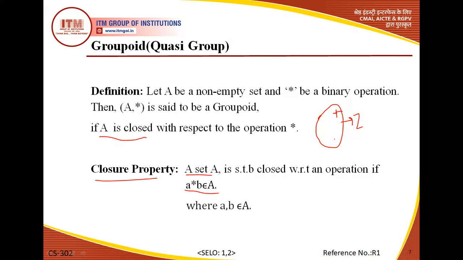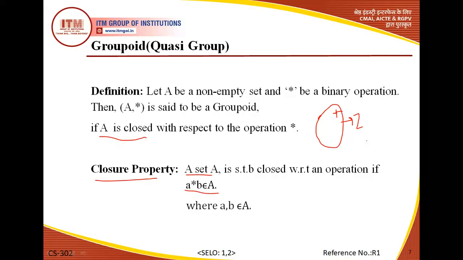Now please see, we cannot say that the set is closed under a particular operation by looking at one particular example. For this example we have taken one case and said that it is closed. No, we can't do that. If that is true for only one example, that is not true for all.